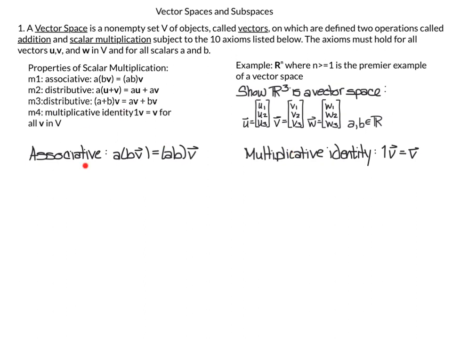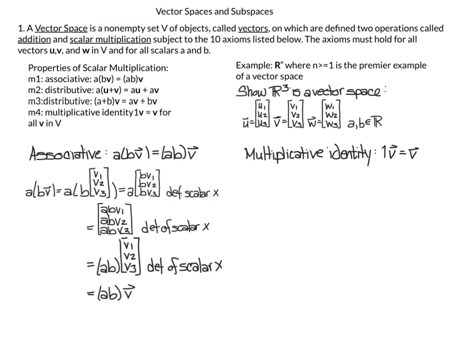So we'll start with associativity, which is a scalar a times this vector, and this vector is b times the vector v, is equal to the scalars ab multiplied together, then multiplied by the vector. So I start with a times the scalar b times the vector v, and at the end I should have that equal to ab times the vector v.